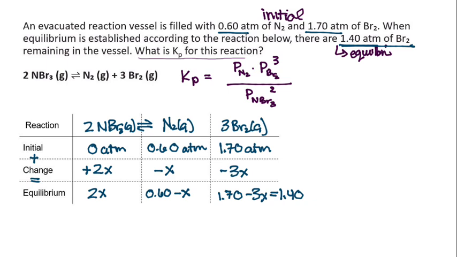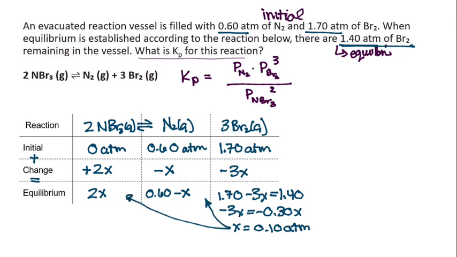Now I have an algebraic expression for how much Br2 I have at equilibrium, which will allow me to solve for x. If I rearrange this, I get that x equals 0.1 atmospheres. Since I know what x is, I can use it in the expressions for equilibrium amounts of NBr3 and N2.